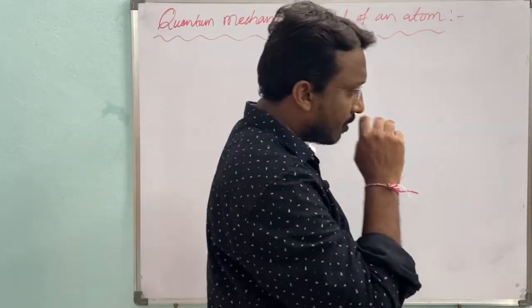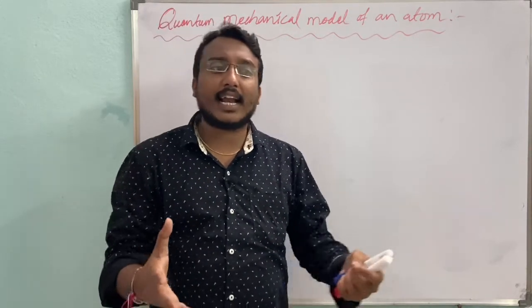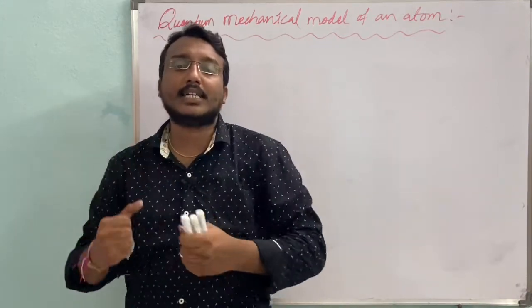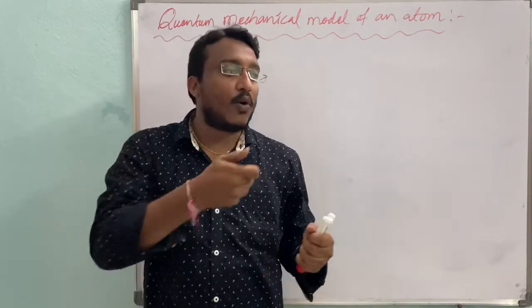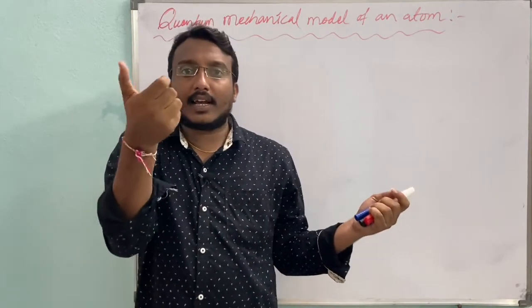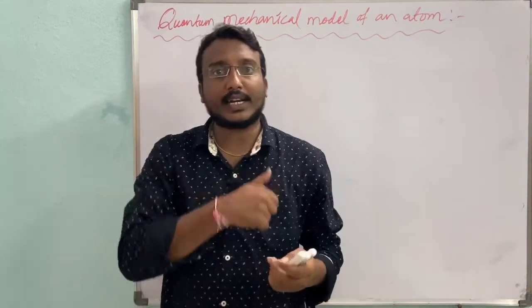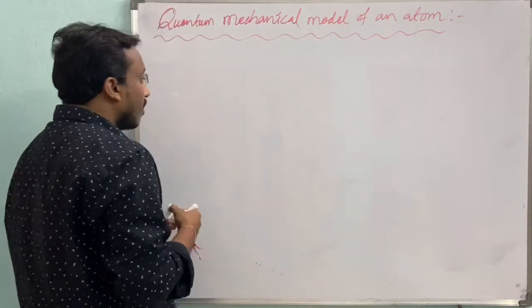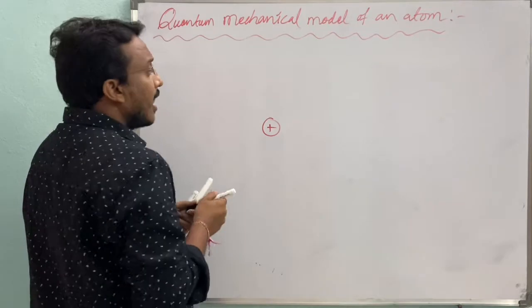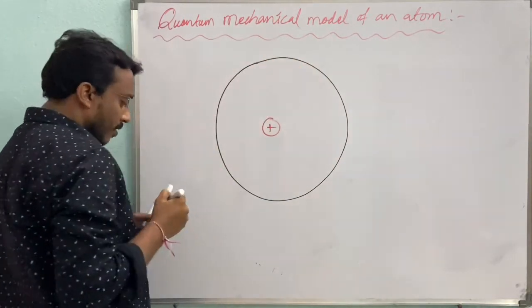Here, for example, if you want to search for objects at night time, we will take the help of a torchlight. In a dark room, we take a torch and focus it on the objects to find them. Got it? Like that, an electron is revolving around the nucleus, right?